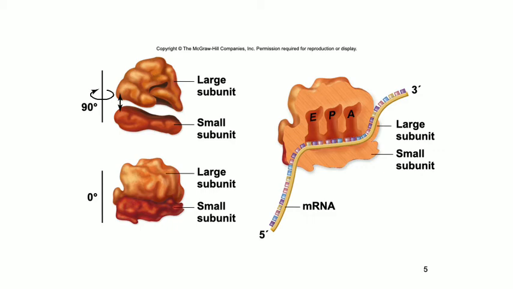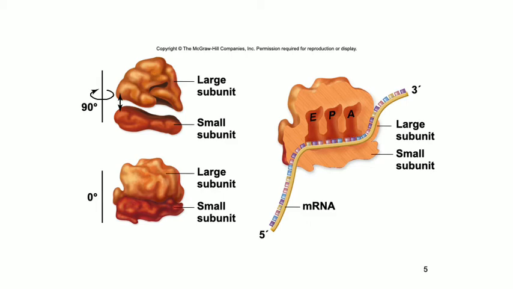Inside the large subunit there are 3 little caves where transfer RNAs, the tRNAs that are the translator units I just talked to you about, can sit. And the sites have names E, P, and A. You do not need to worry about the names of the sites.